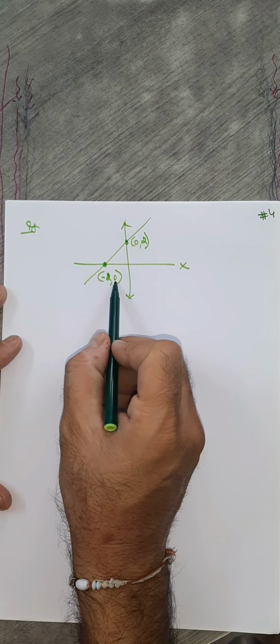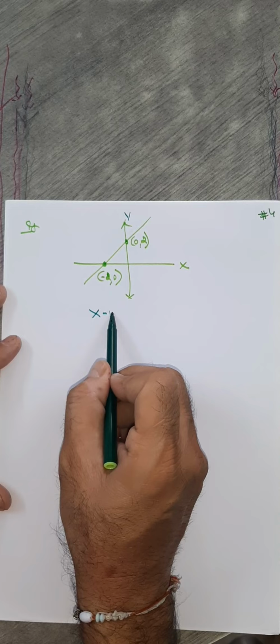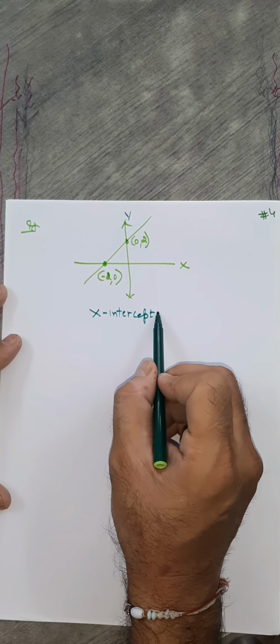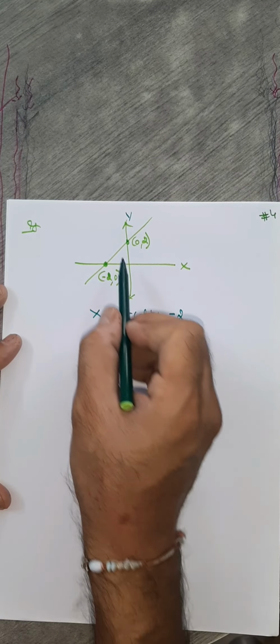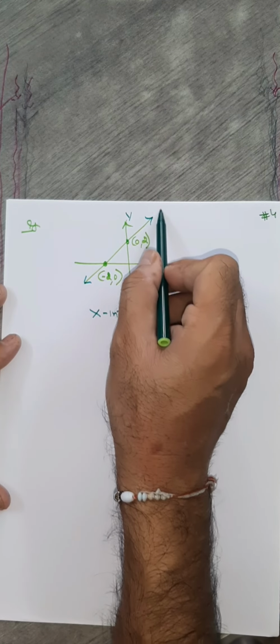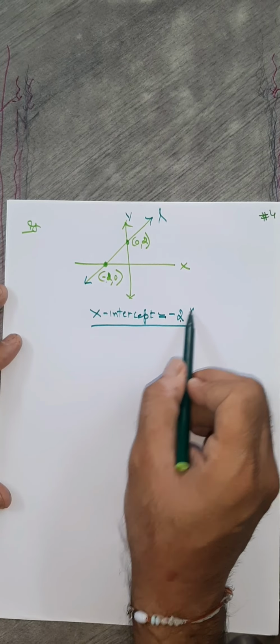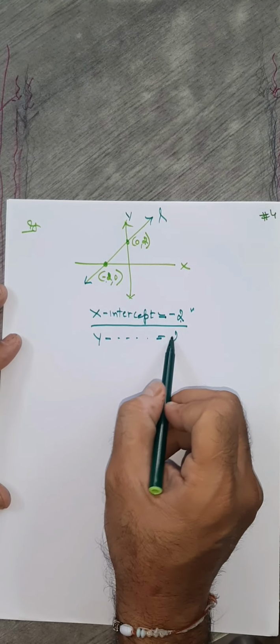On the x-axis the y coordinate is 0, on the y-axis the x coordinate is 0. So can you tell me what is the x-intercept here? The x-intercept is minus 2. The point where the line L intersects the x-axis, that's called the x-intercept. What is the y-intercept? 2. Clear?